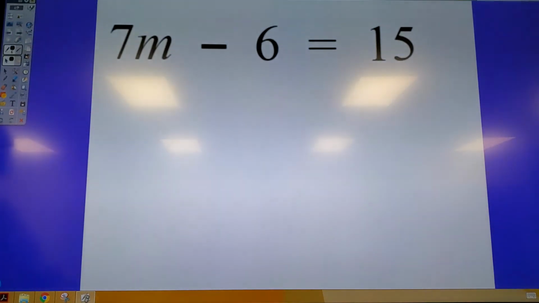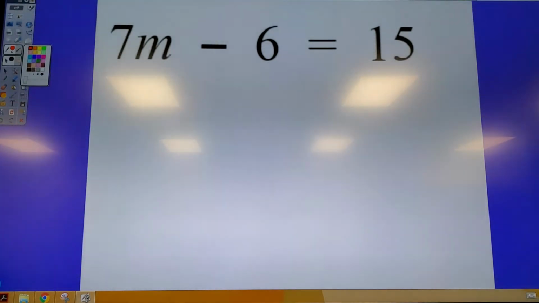All right, 7m minus 6 equals 15. Why don't you go ahead and try it on your paper? And then I'll work it out up here, and then you can check back up here to see if you were on the right track.